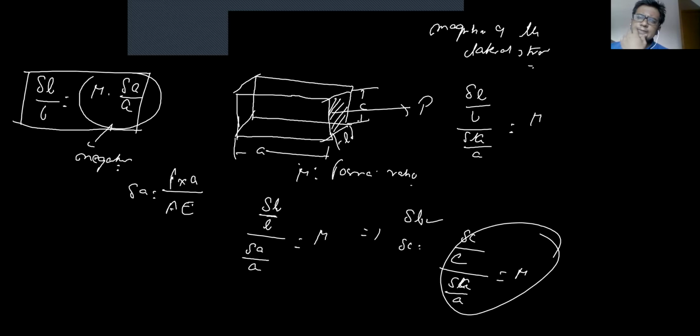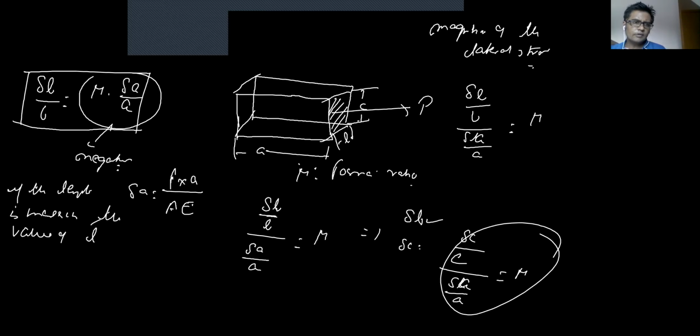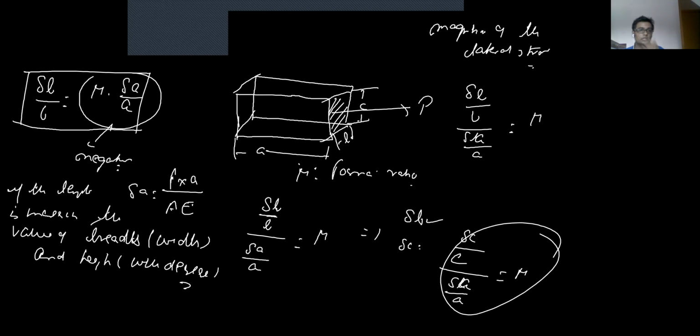Because if the length is increasing, then the breadth, or we can say width, and height should get decreased, right? So it means that the value of delta B will be negative.